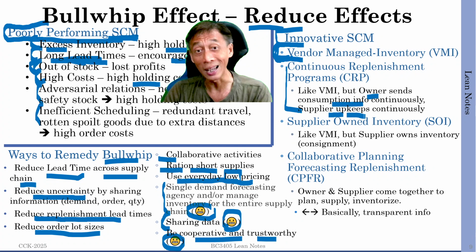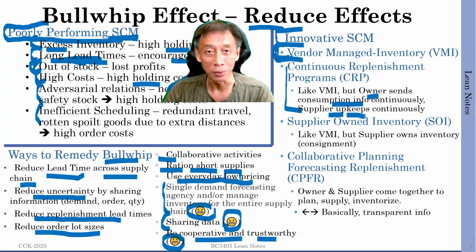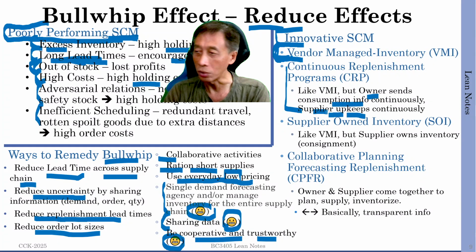Because the supplier can see the consumption level sent by the owner, who can manually send it, like every day, every hour by email, or the owner can have a website through an API and let the supplier connect or whatnot. It can always be done electronically, and in this continuous replenishment means refilling up, right? The action of refilling. The supplier just does that, right? Because the level is already counted, right? So that's it. It's basically VMI.